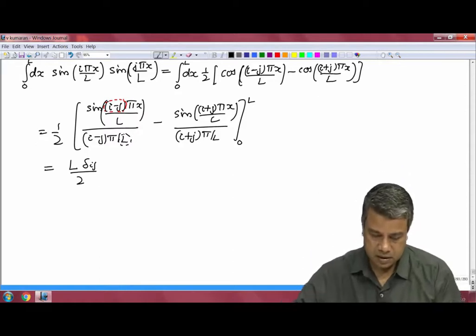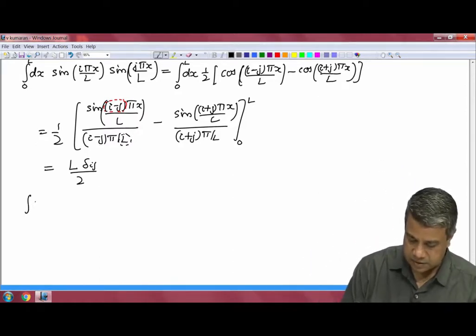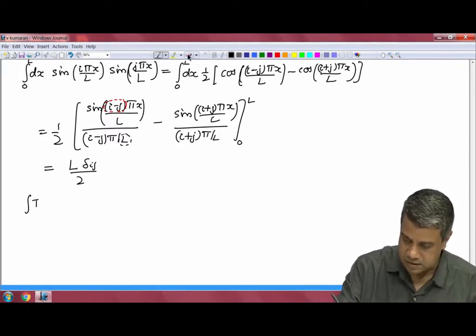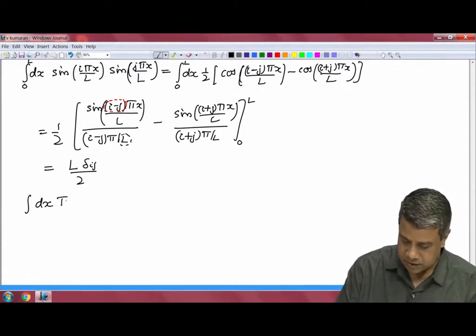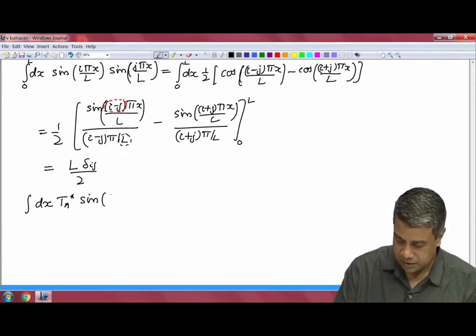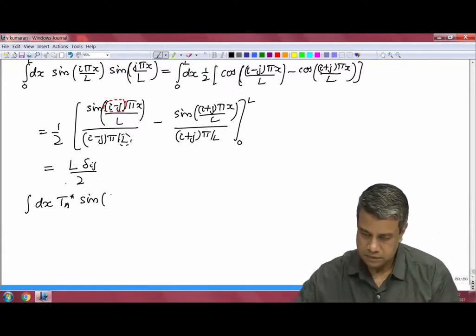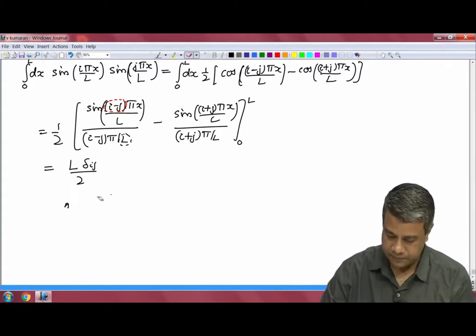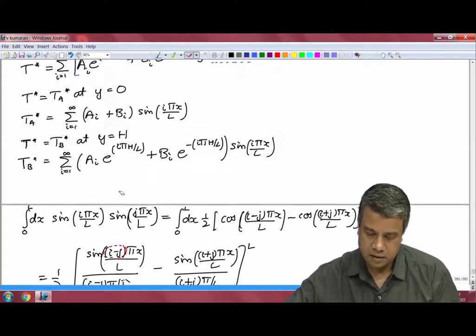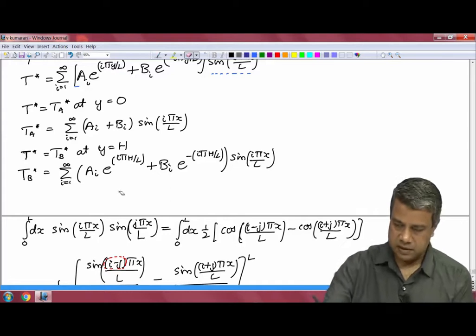The left side of this equation was integral dx T_A star sine. So, let me back up a little bit. I have two equations here.